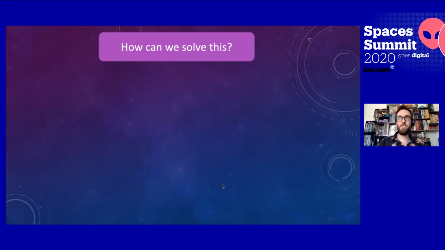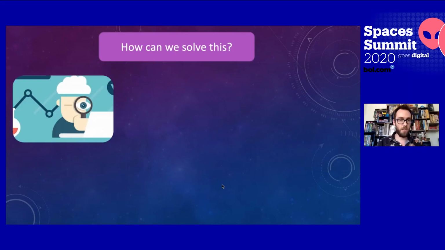The first thing, of course, is solving societal bias, because in the end that's the source of this. But that's something that we cannot really easily do. So the question becomes, how can we solve the problem for algorithms themselves? Well, the first option is more scrutiny. If you develop an algorithm that could involve a societal bias, you need to be very, very careful and test against these biases.